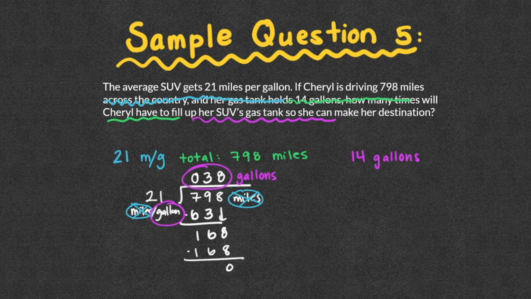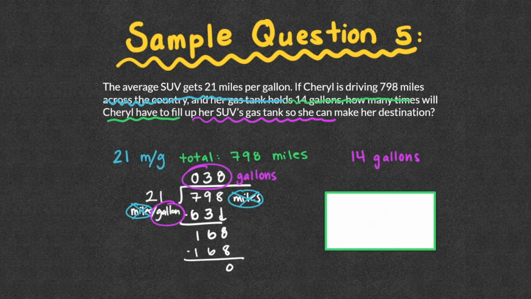So if we think about this, if the whole trip takes 38 gallons, let me use G for gallons, I know that after 14 gallons are used, I have to stop. So I'm really making equal groups of 14.